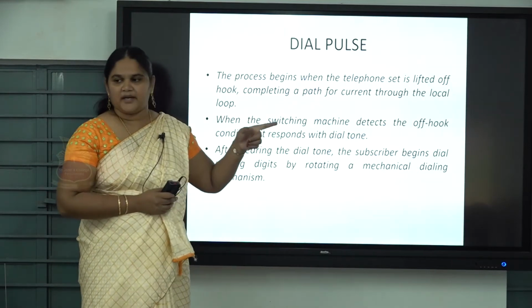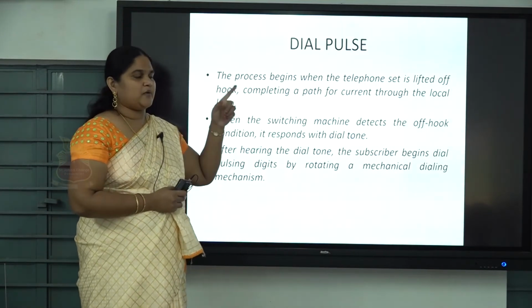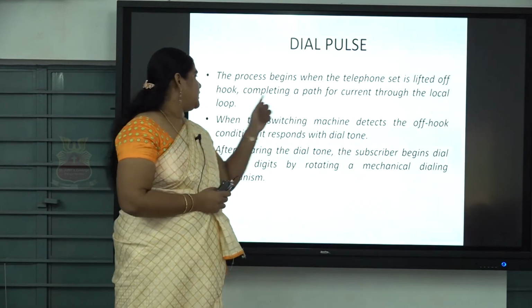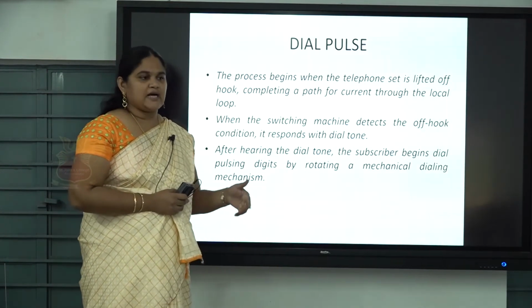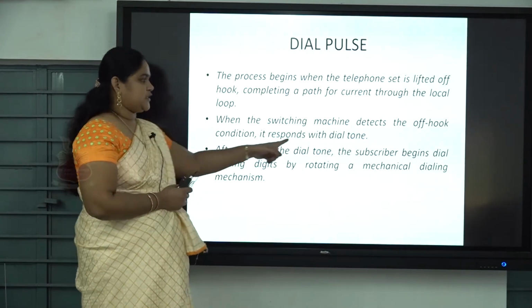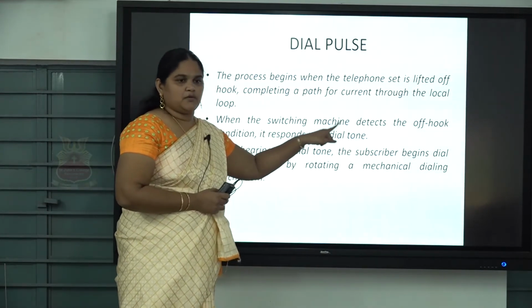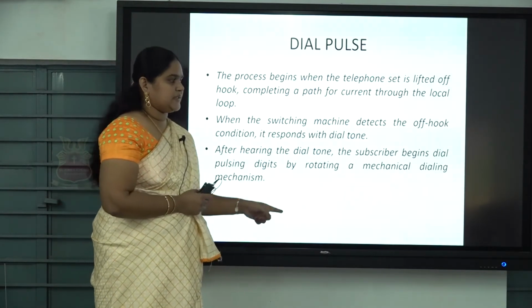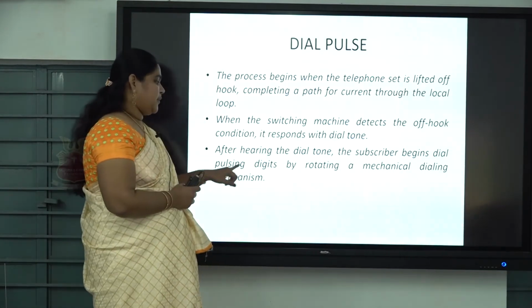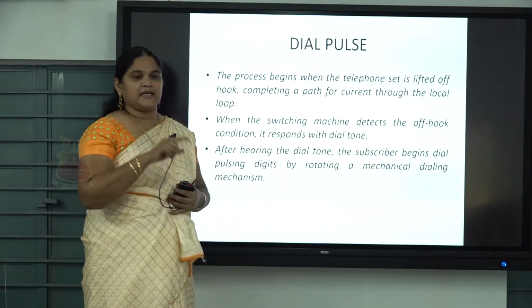Local loop means wire, so we receive a DC voltage from the local loop. The switching machine detects the phone is off hook and responds with a dial tone. After hearing the dial tone, the subscriber begins the dial pulse digits by rotating the mechanical dialer.